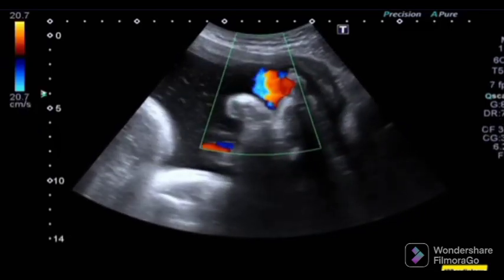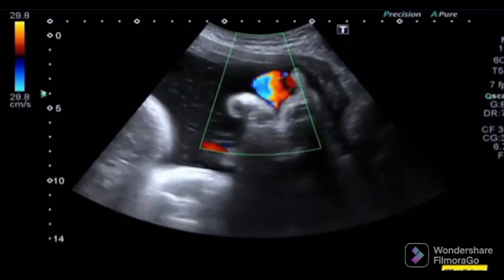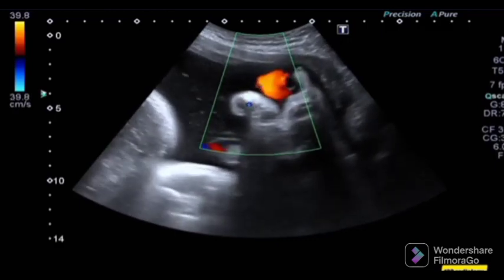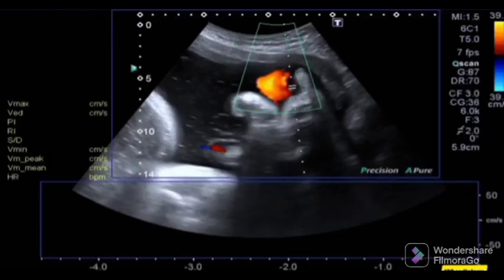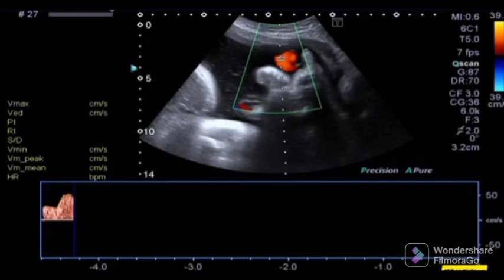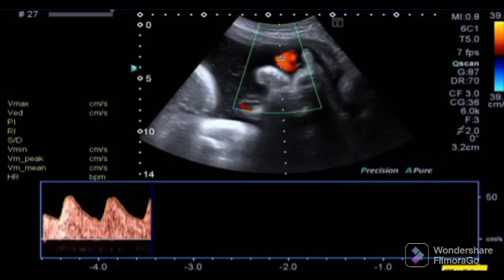Turn on color Doppler. Turn on pulse Doppler. Adjust the Doppler waveform.